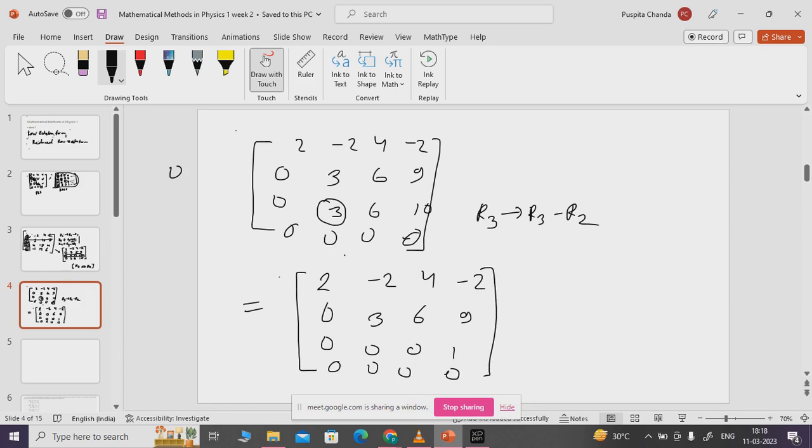So this is the row echelon form of the matrix, and from here we can say the rank of the matrix is 3, not 4. So this is an example of row reduction.